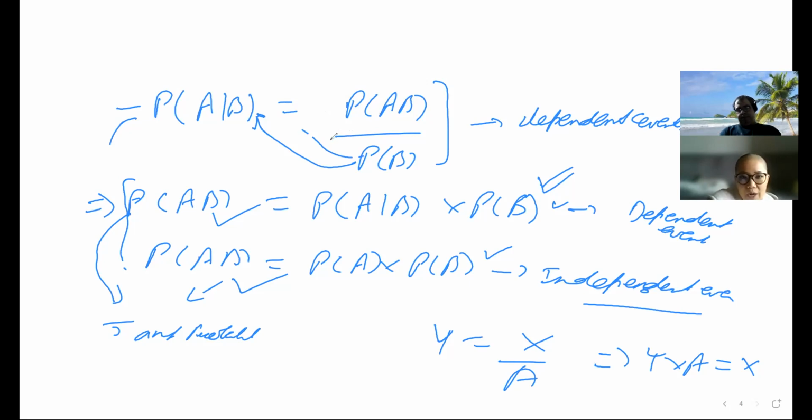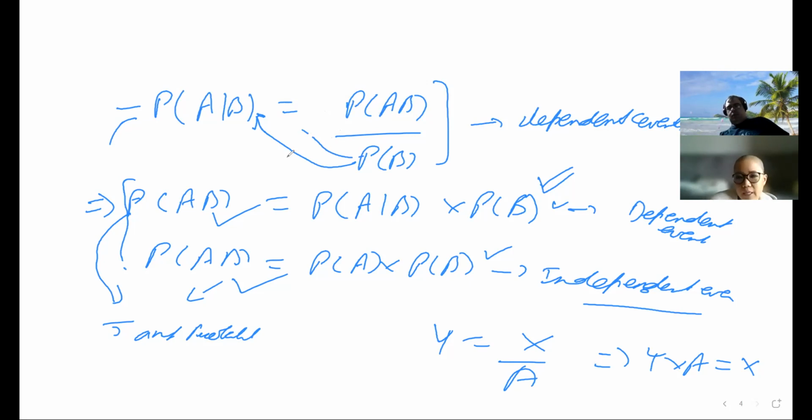Everything, multiplication and division, changes when moving from the left to the right. So that's the way to find the joint probability, yes.